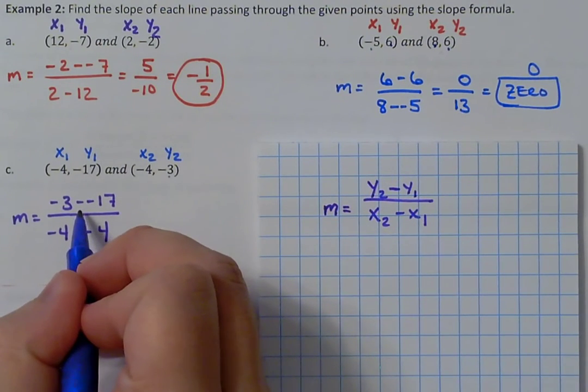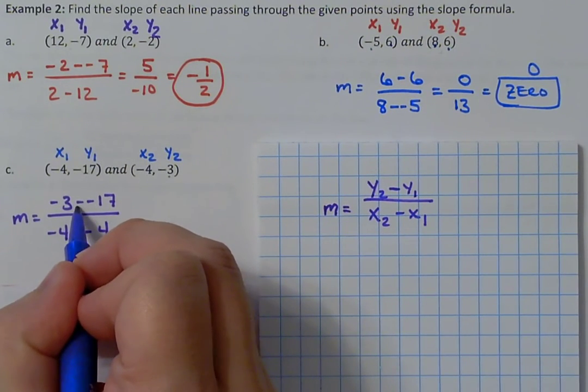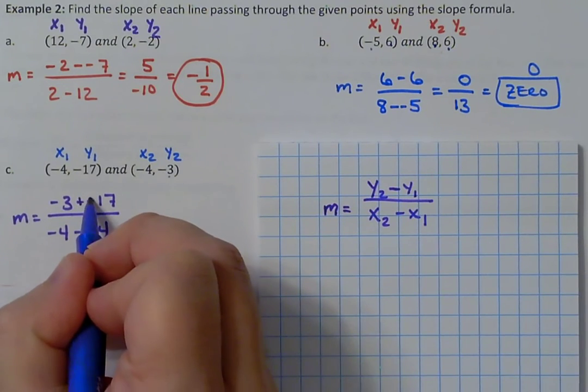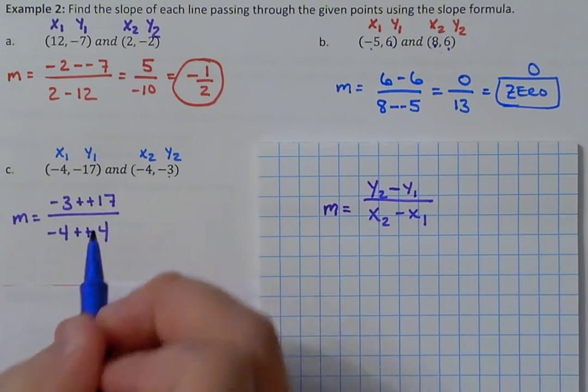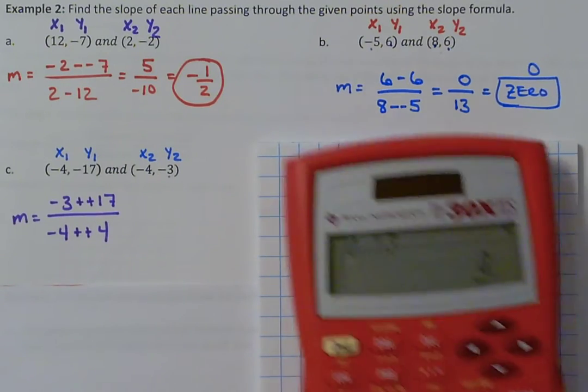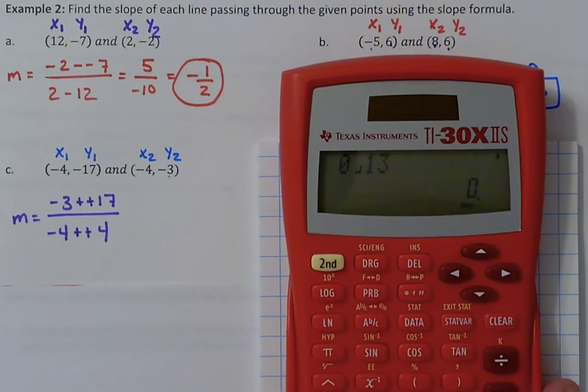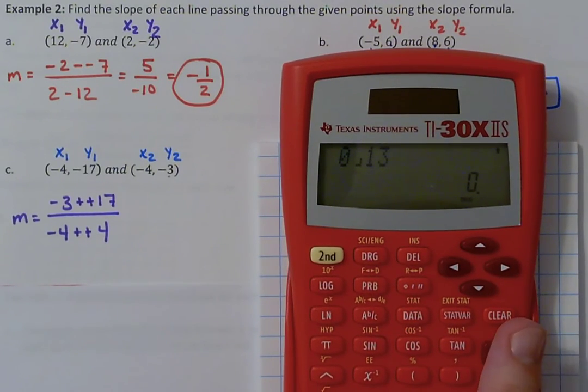Now, one thing I haven't talked about, but just to highlight, remember anytime you have minus a negative, that turns it into positive, so adding. Again, minus a negative makes it addition. So if you don't have a negative button, or you're struggling with that, just know that minus a negative results in addition. So we're going to have negative 3 plus 17.